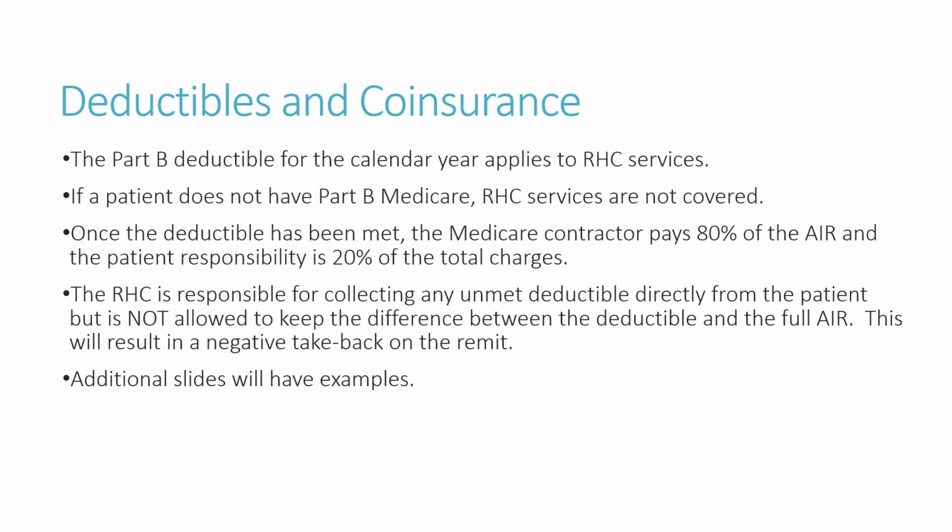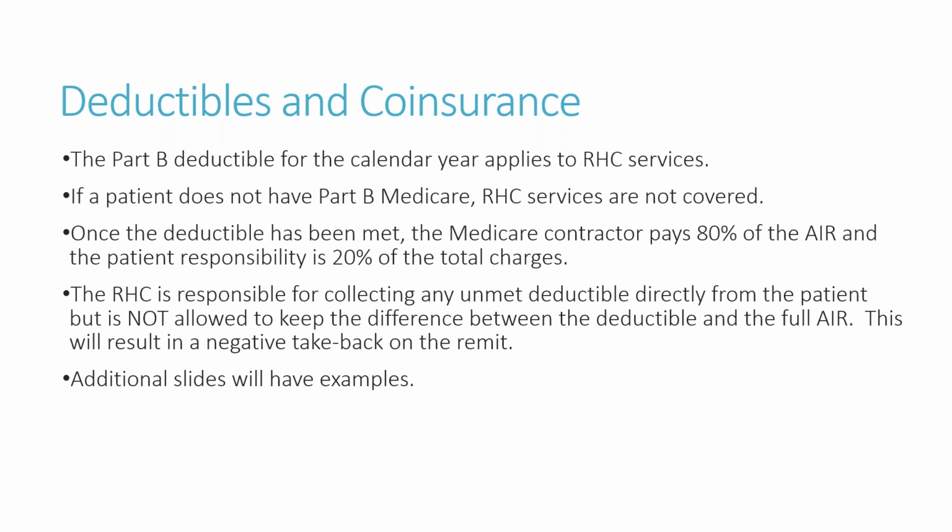So all right, even though our claims go out as an institutional provider, on a Part A UB claim, our services are actually Part B services. And Mark talked about this a little bit in the intro webinar.